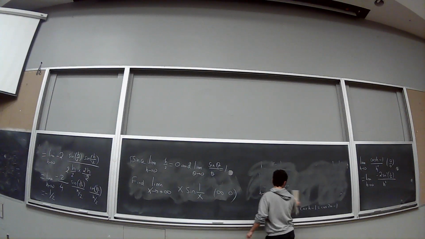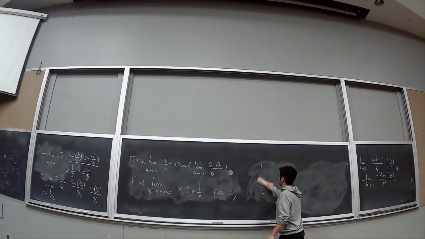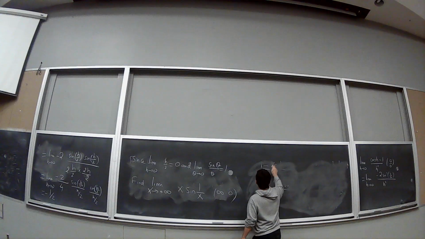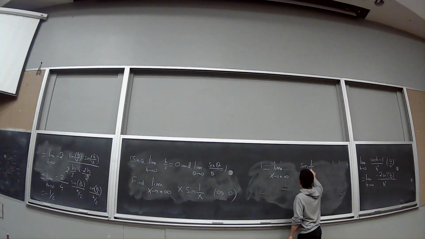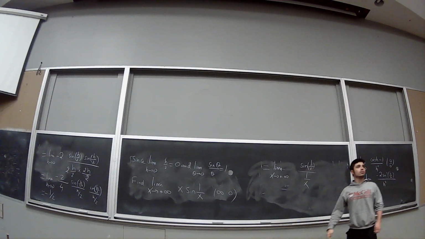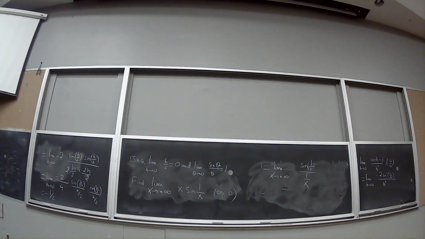Let me rewrite this expression in a nice way. This is equal to the limit of sine 1 over x over 1 over x. Now we know that multiplying by x is equivalent to dividing by 1 over x, isn't it? Everybody, we good? Great. Now 1 over x, where does it go to as x goes to infinity? 0.